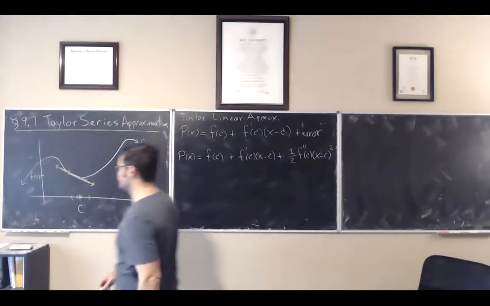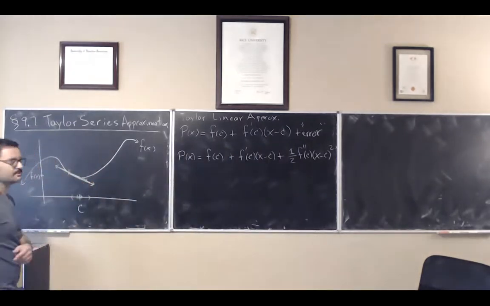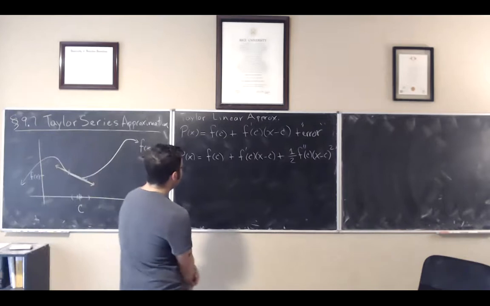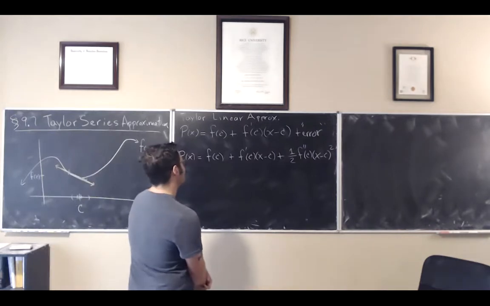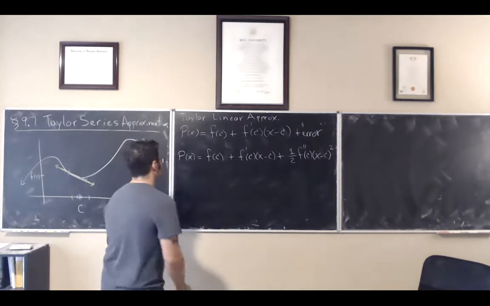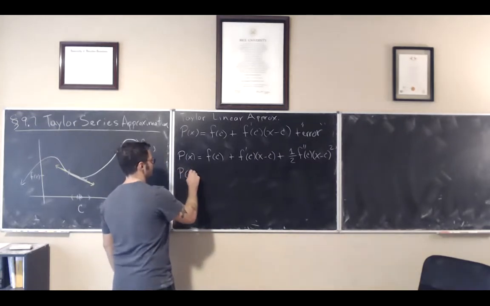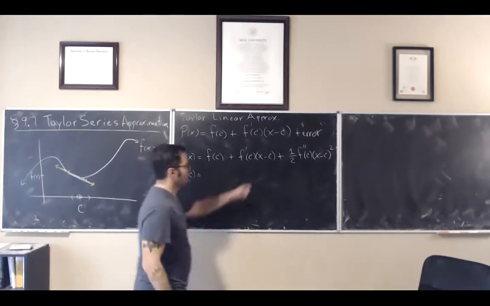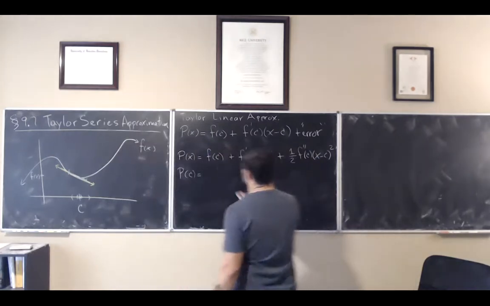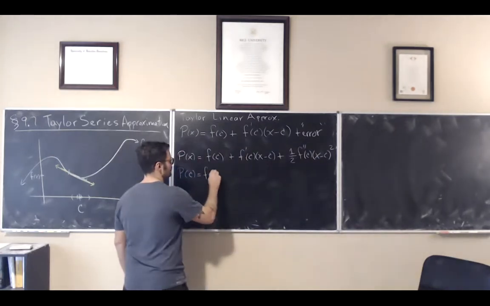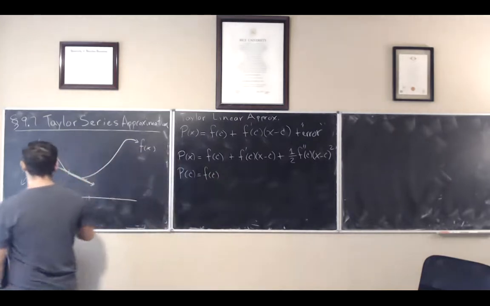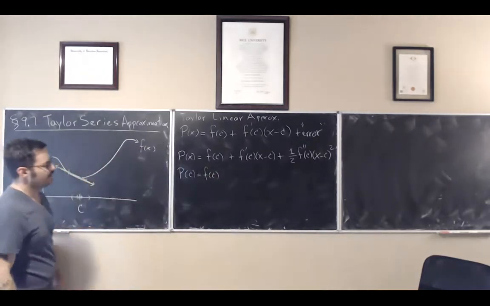Why would we choose this to be another approximation to this function? Well, what is p of c? That's 0 for the extra terms, we're just left with f of c, so they match up.